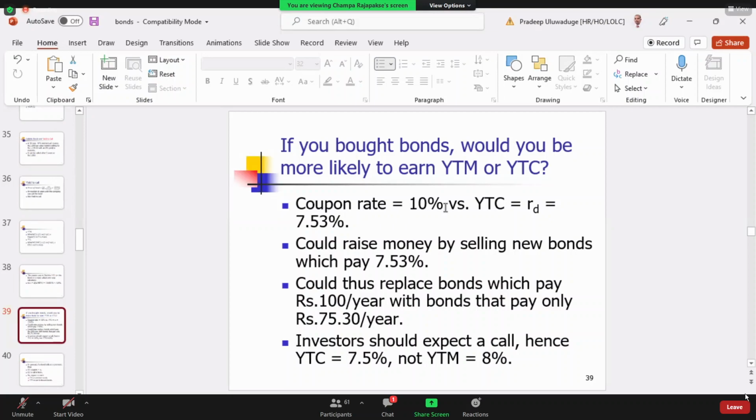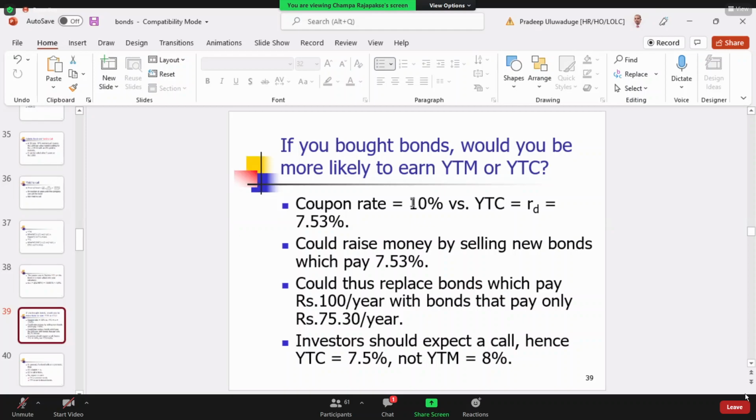So the coupon rate was 10%, and YTC was 7.53 in our calculation, right? Say the coupon rate is 10%. Coupon rate is the rate that the issuing firm would pay the bondholder.